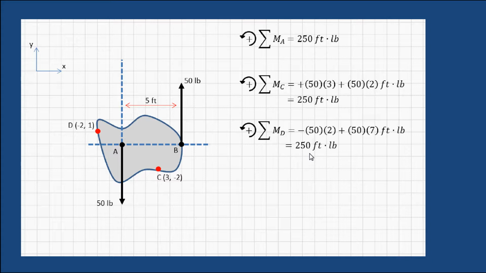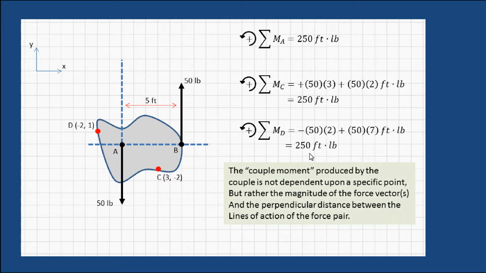So from this, we can conclude that the force system that we refer to as a couple produces a couple moment. And the couple moment is not dependent upon a specific point, but is rather only dependent upon the magnitude of the force vector. Remember, the force vectors have to have equal magnitude.